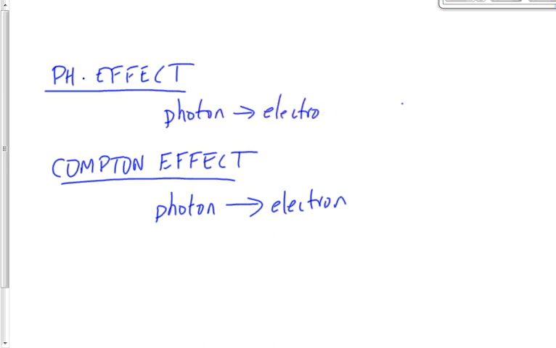But if that photon is of sufficient energy, like maybe an X-ray photon, which is a really, really high energy photon, then it's not just an electron that's ejected, but sometimes a second photon is ejected as well. It doesn't happen with the photoelectric effect. Now, that second photon, it was observed, was a less energetic photon than the first photon.